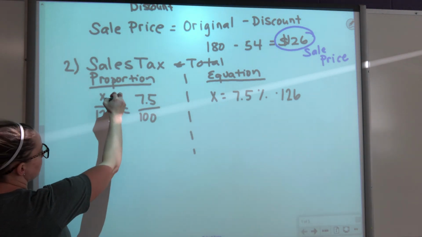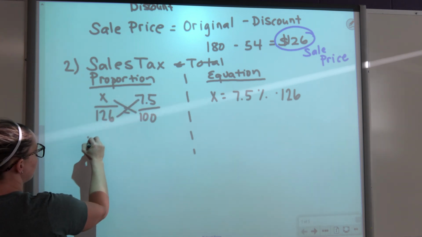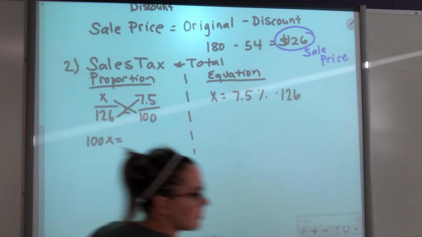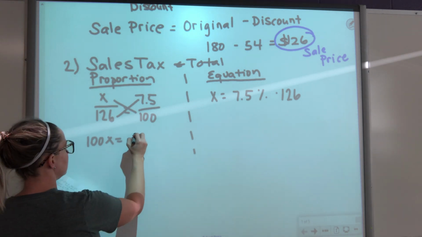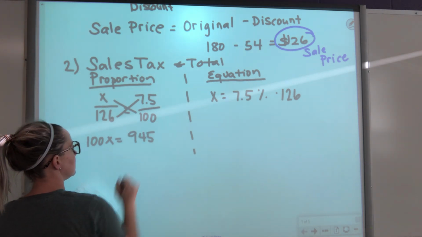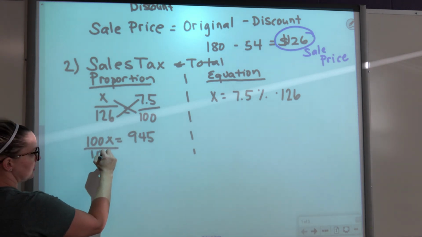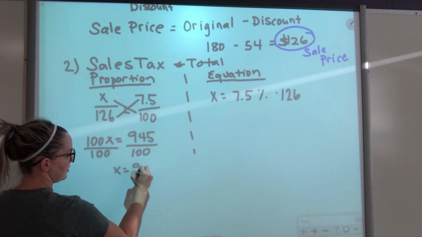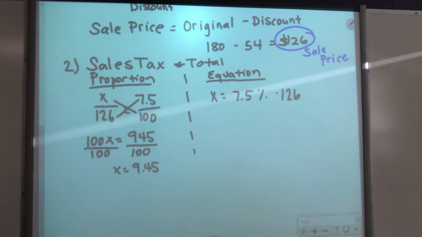Okay, proportion kids, here we go. Cross multiply. Numerator times denominator. Numerator times denominator. $100 is multiplied by x. So I divide on both sides. So x is 9.45.